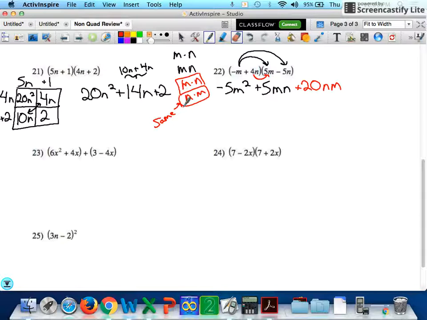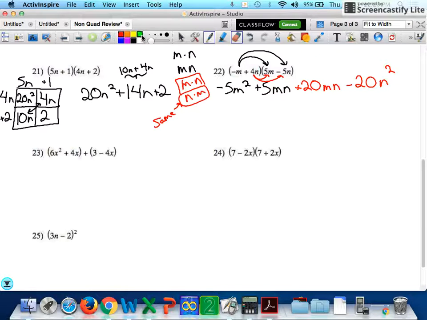Most commonly, and in fact almost all the time, we write these alphabetically. That means m comes before n in the alphabet, so we're going to write m first here. All right, 20mn. This is what lets us see that eventually we're going to have like terms, but first we've got to do our last distribution. That'll result in negative 20 n squared, not m, but n squared.